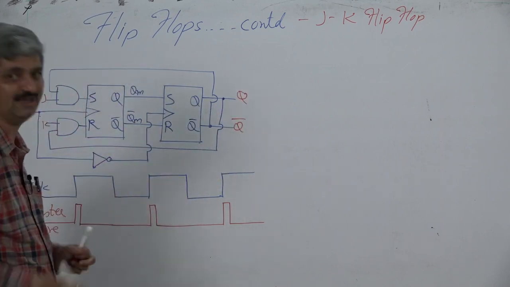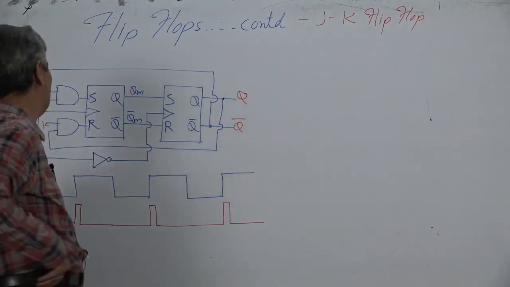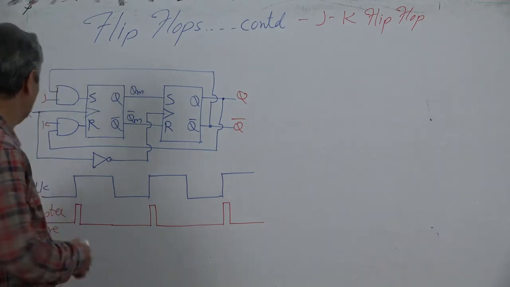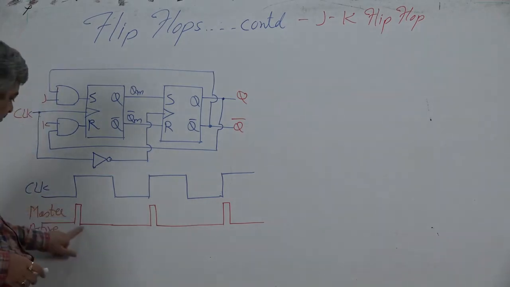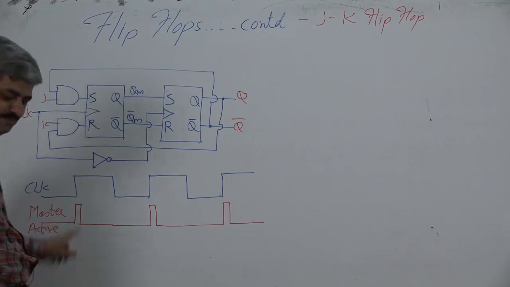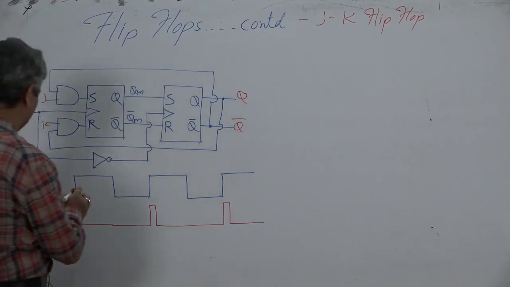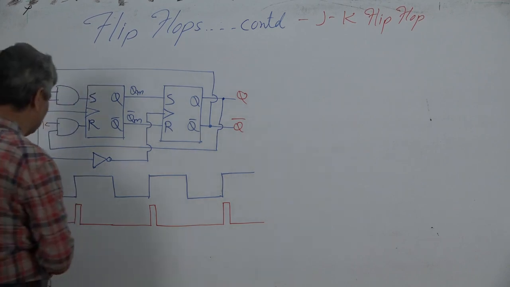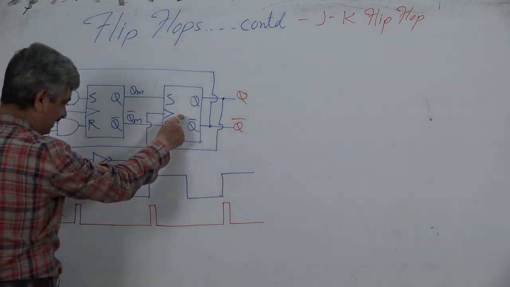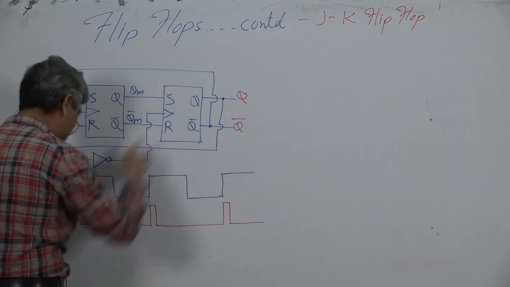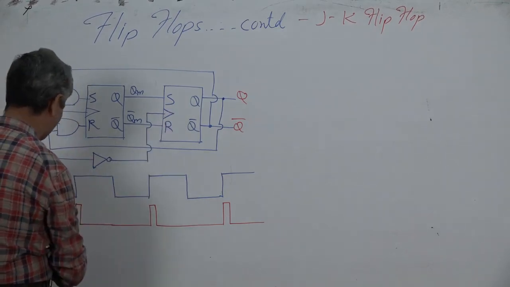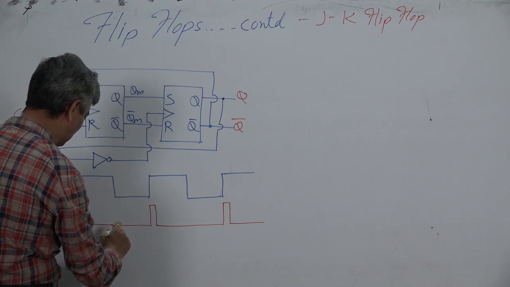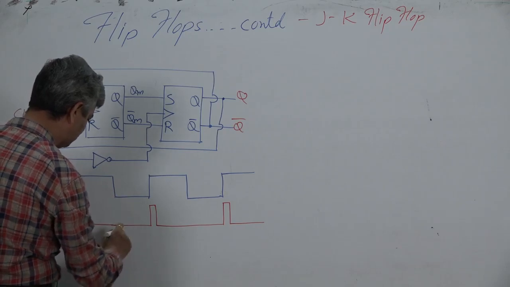So Q and Q bar mean the final outputs, and QM and QM bar mean the outputs of the master. The 10 nanosecond period after the rising edge of CLK is the period in which the master is active, and the rising edge is a falling edge for the slave, so it is not active, but the falling edge is a rising edge for the slave. So for the 10 nanosecond period from the falling edge, the slave is active.